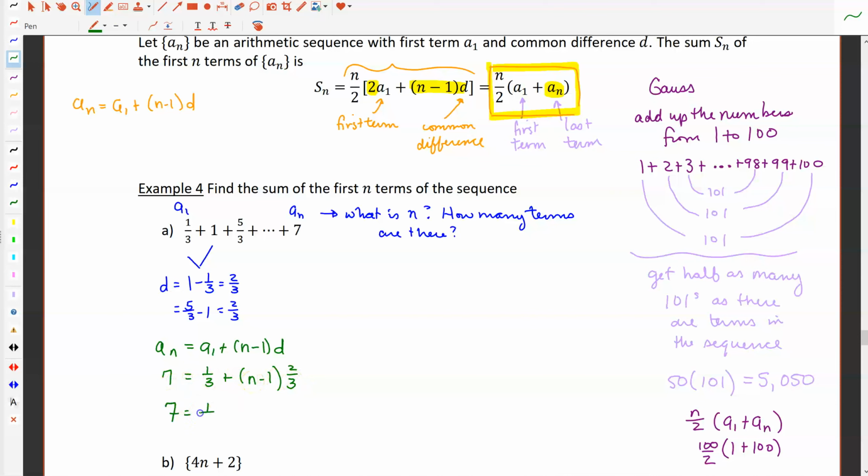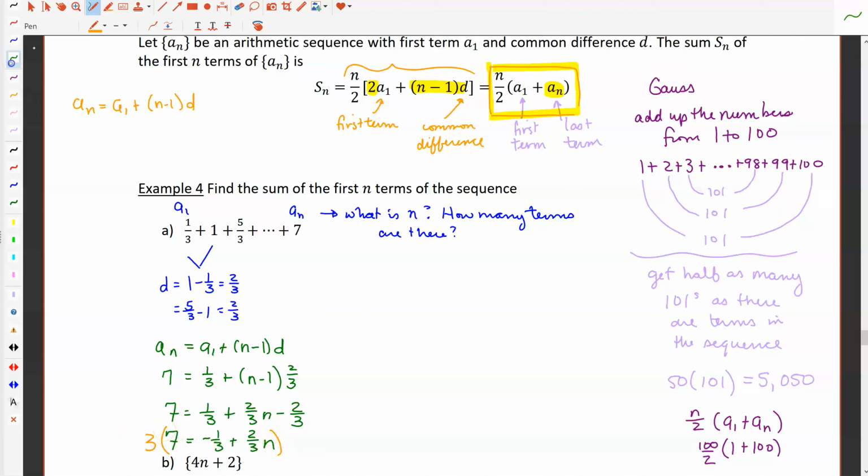I'm going to distribute that through. So I'll get 7 is equal to 1/3 plus 2/3 n minus 2/3. And then I'll get 7 is equal to, let's put our like terms together, 1/3 minus 2/3 is negative 1/3, plus 2/3 n. Now this isn't too terrible, but I just want to clear these fractions. I'm starting to get a little tired of working with the fractions.